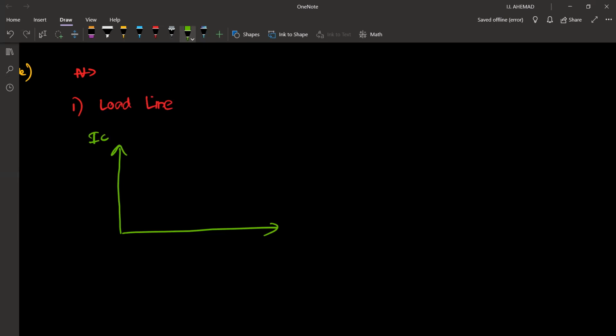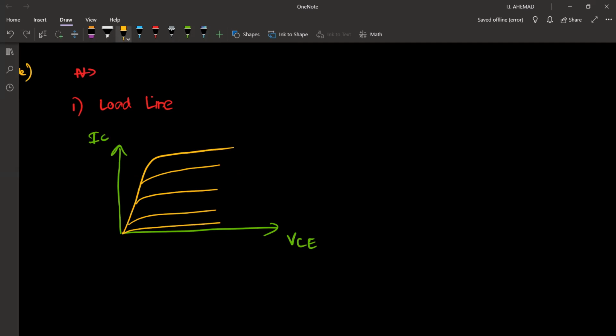We drew a graph between IC and VCE, keeping IB constant, just like this. This is when IB is equal to 0, and in this direction, IB increases. So we didn't get a proper idea about this graph. Now let's understand what this graph actually says.